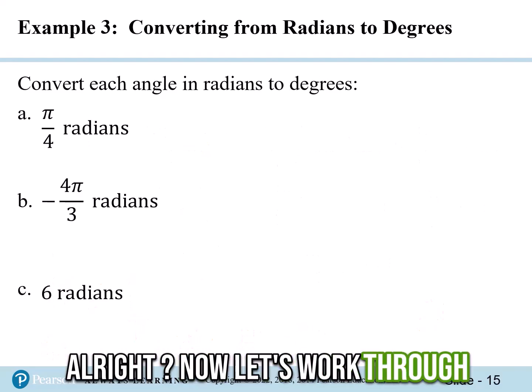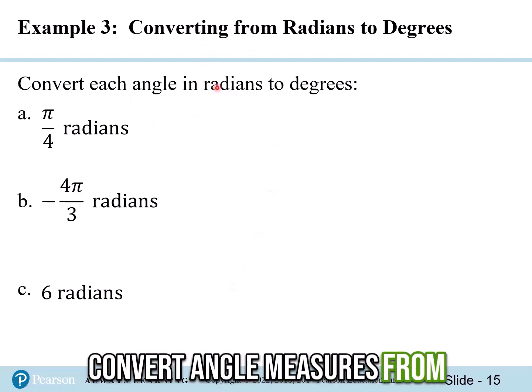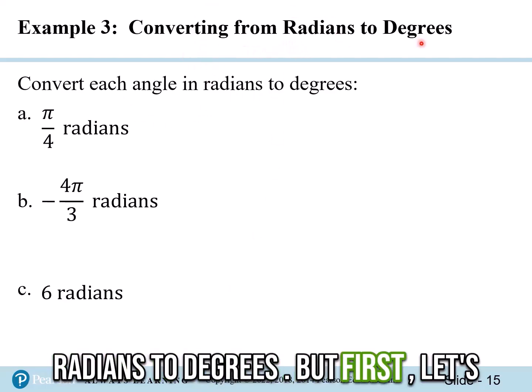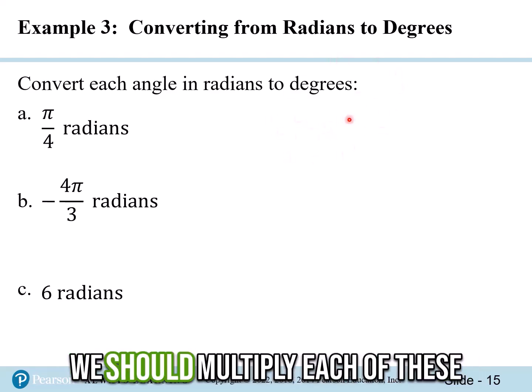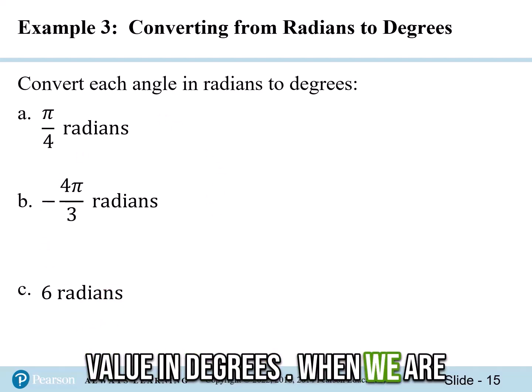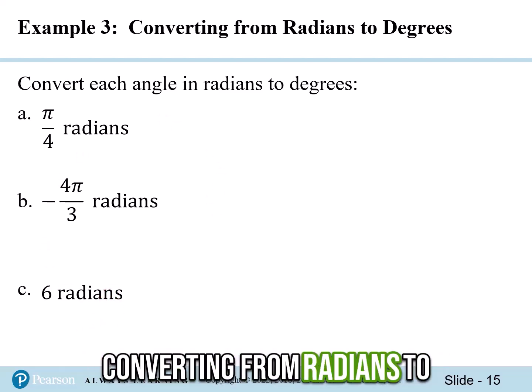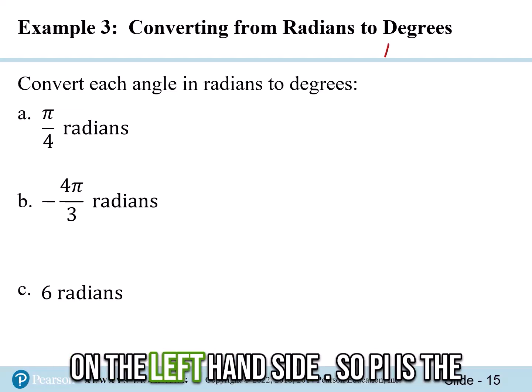Now let's work through some examples where we have to convert angle measures from radians to degrees. But first, let's build the conversion ratio by which we should multiply each of these radian measures to get our angle value in degrees. When we are converting from radians to degrees, we start with the radians on the left hand side.